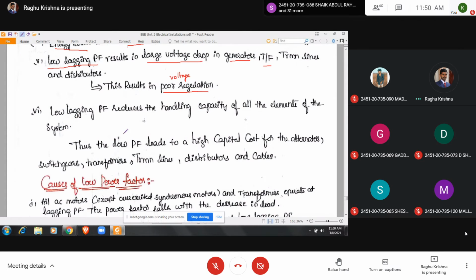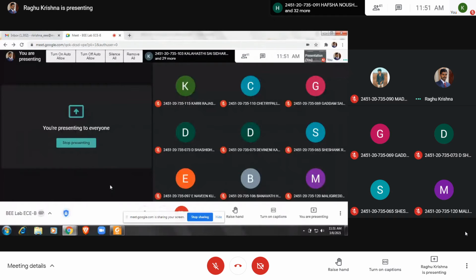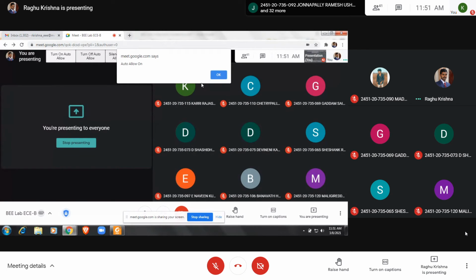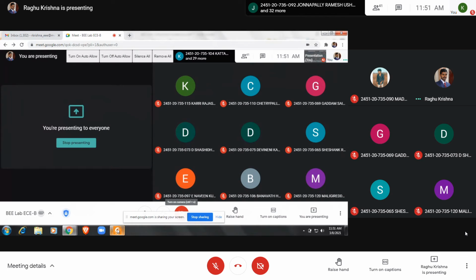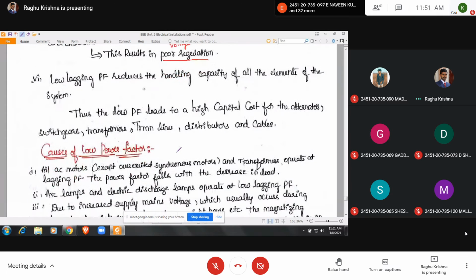Next, low lagging power factor reduces the handling capacity of all the elements of the system. So the capacity of all the equipment has to be increased.